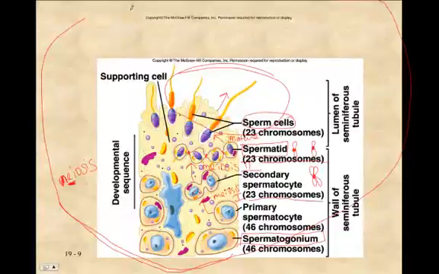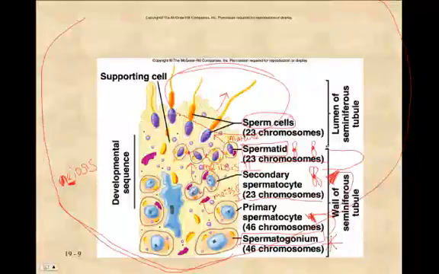So that's basically the way in which we produce sperm cells, and you do need to know the order here. It goes from a spermatogonium to a primary spermatocyte, and then that divides to become secondary spermatocytes, and then the secondary spermatocytes divide to become spermatids, and then the spermatids become sperm cells.